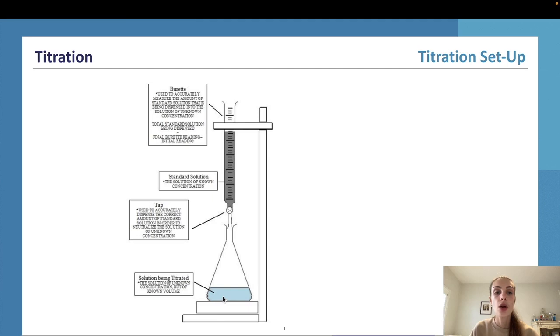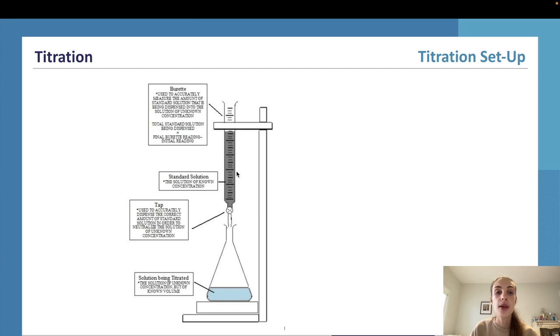And so it's of an unknown concentration, but it is of a known volume. So we can't enable a titration to occur if we don't have a known volume of both our analyte and our titrant. So we would have our analyte in the bottom here.